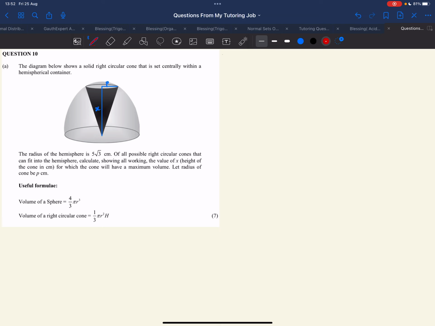Now another thing, we are told that the radius of the hemisphere is 5 times square root 3. Now that radius can be here, or here, or here. It's up to you where you find it. But also, one thing that I need you to be careful of is that the radius can actually be this here, basically.